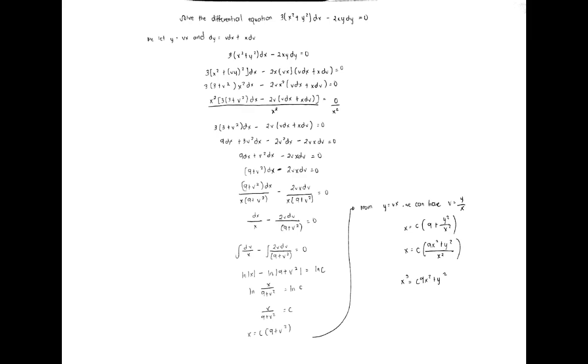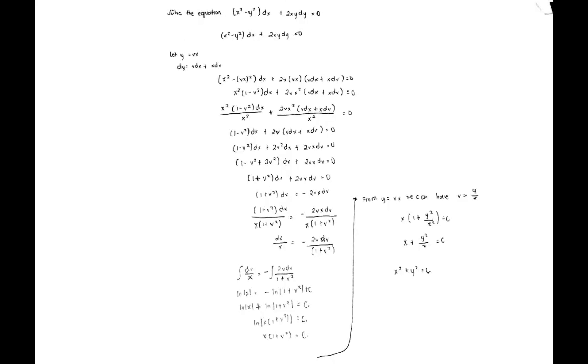Simplify it: ln of x over (9 plus v squared) equals ln c. So x over (9 plus v squared) equals c. So we have x equals c times (9 plus v squared). So we have an answer of x cubed over c(9x squared plus y squared).